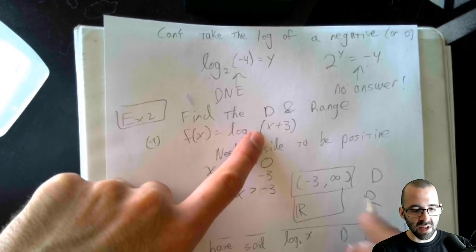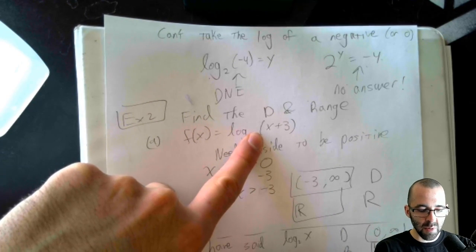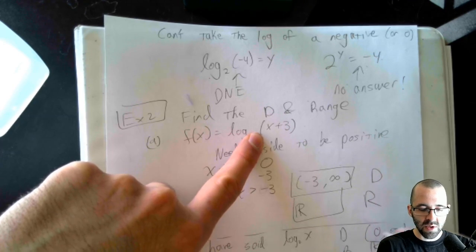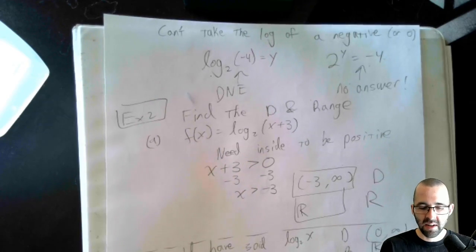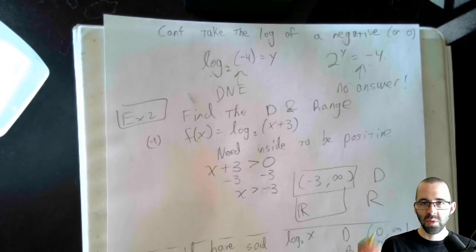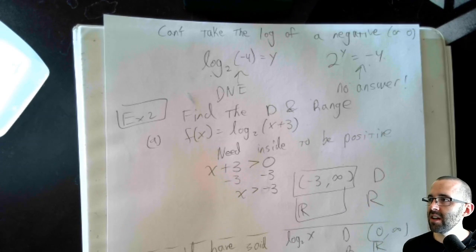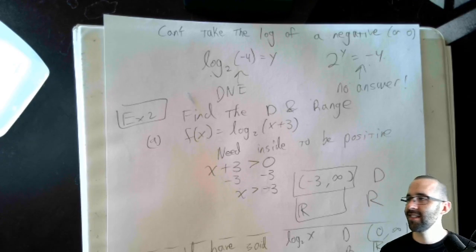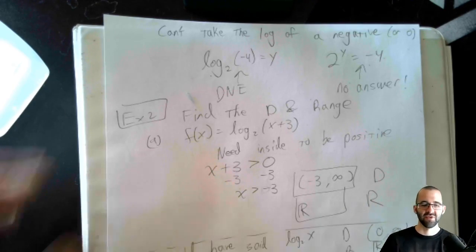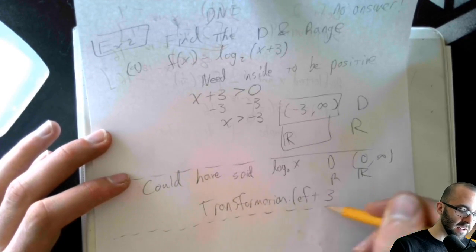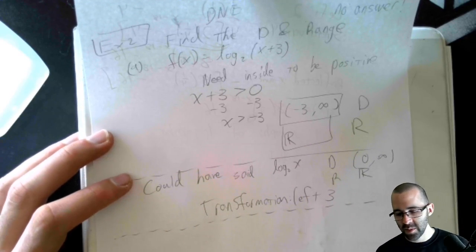So what's our transformation? It's just left 3. So our domain and range get moved left 3. Range is y value, so moving to the left doesn't affect the range. But moving the domain to the left makes it negative 3 to infinity. Okay? Any questions here before we do part B?